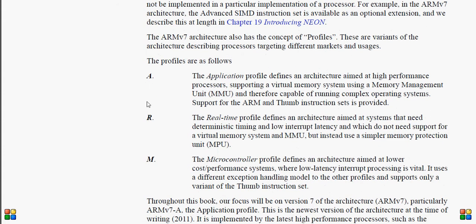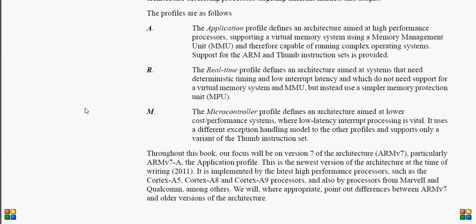ARM: A for application profile, R for real-time profile, M for microcontroller profile. The application profile defines an architecture aimed at high-performance processors. The real-time profile defines an architecture aimed at systems that need deterministic timing and low interrupt latency. The microcontroller profile defines an architecture aimed at lower cost, lower performance systems.